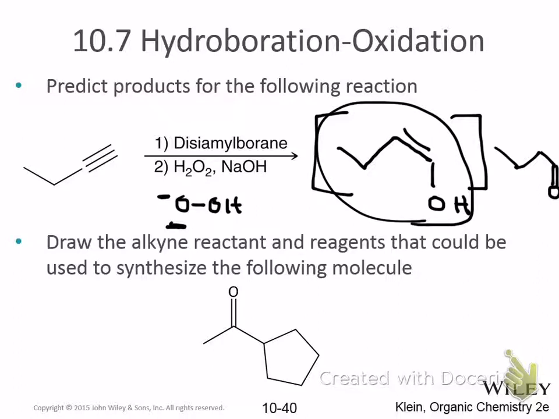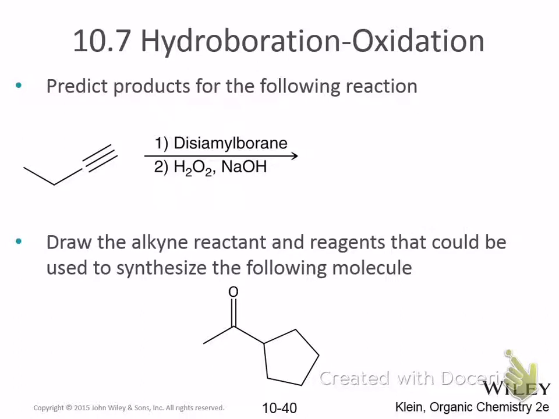What would you have used to make this? Oops, this guy here. So what's the alkyne that was used to make that, and then what reagents would you use to make it? So a couple possibilities, right?